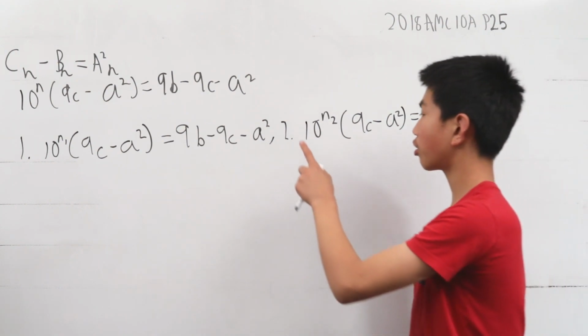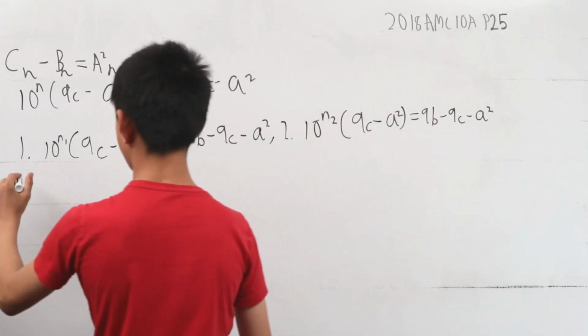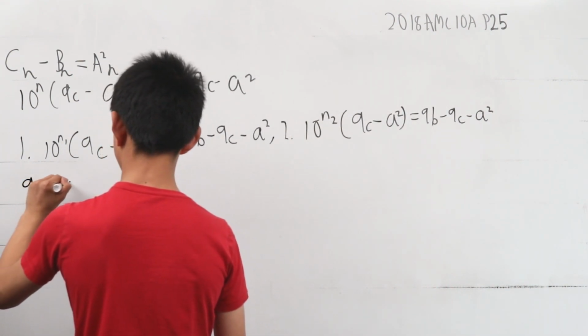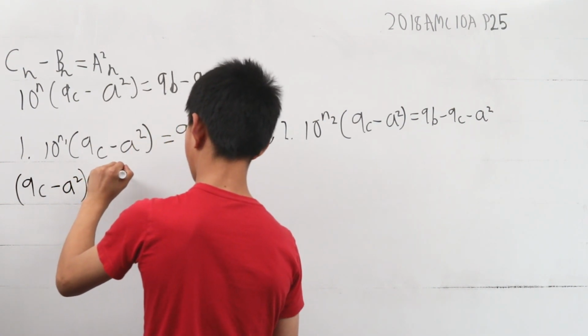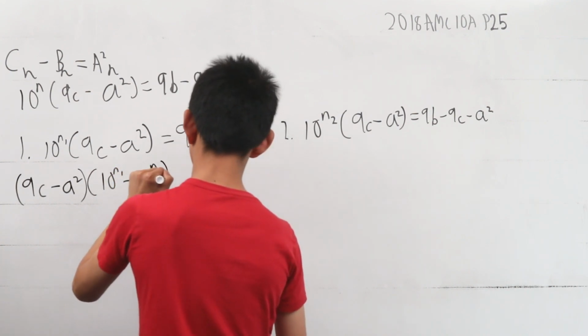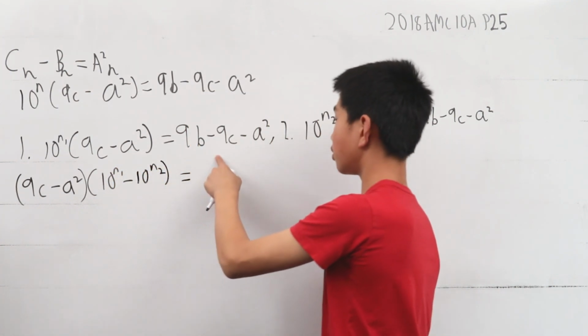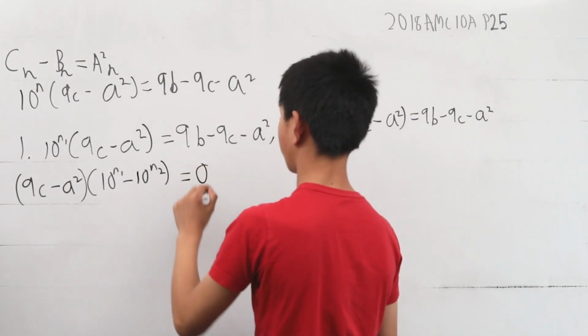So if we subtract equation 2 from equation 1 and factor this out, we get that 9c minus a squared times (10 to the power of n1 minus 10 to the power of n2) is equal to, well, since these 2 things are the same, then this is going to be 0.